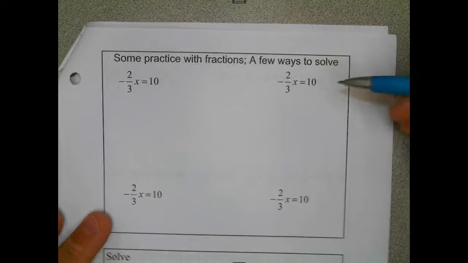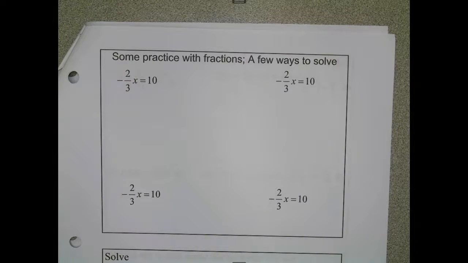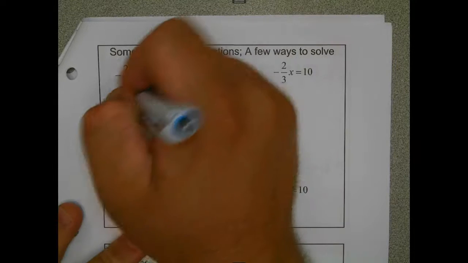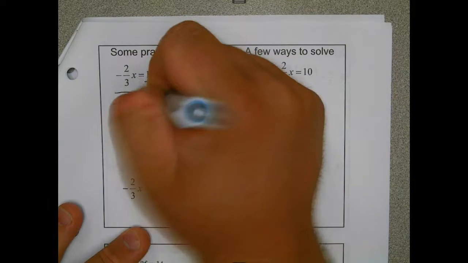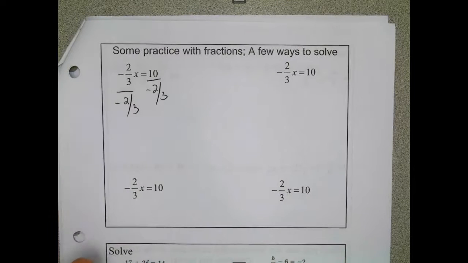Fractions. This is the biggest piece that people have trouble with. There are a few different ways to handle fractions. You can divide, and if you go that route, I highly suggest using the calculator.